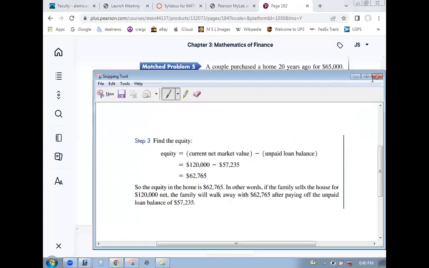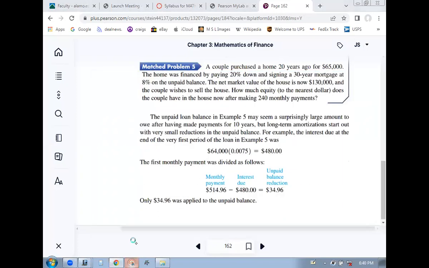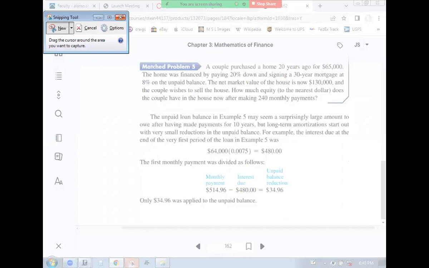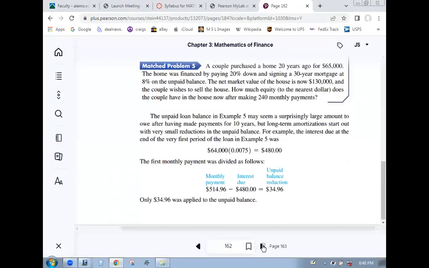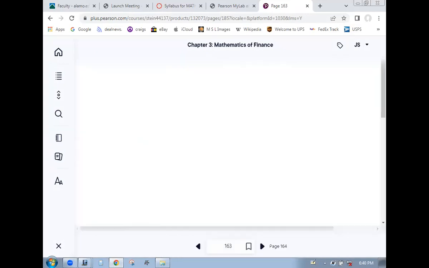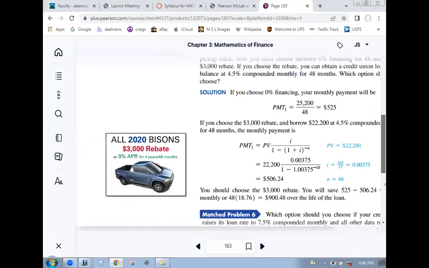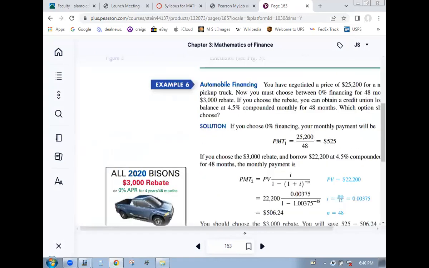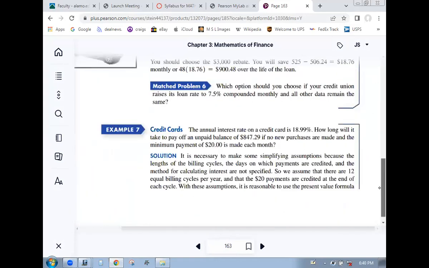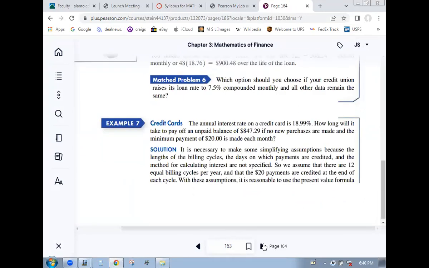We have, let's see, let's do problem. No, we're not doing a matched problem. I'm not doing that. It's way too boring. We still have 2 chapters ahead of us and another section in this chapter, I think. So we have example 6, example 7.